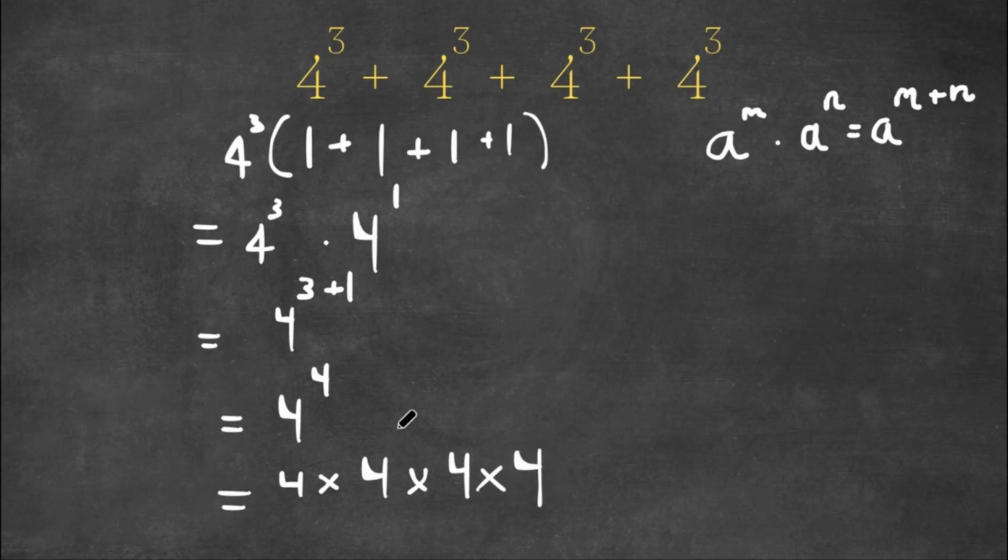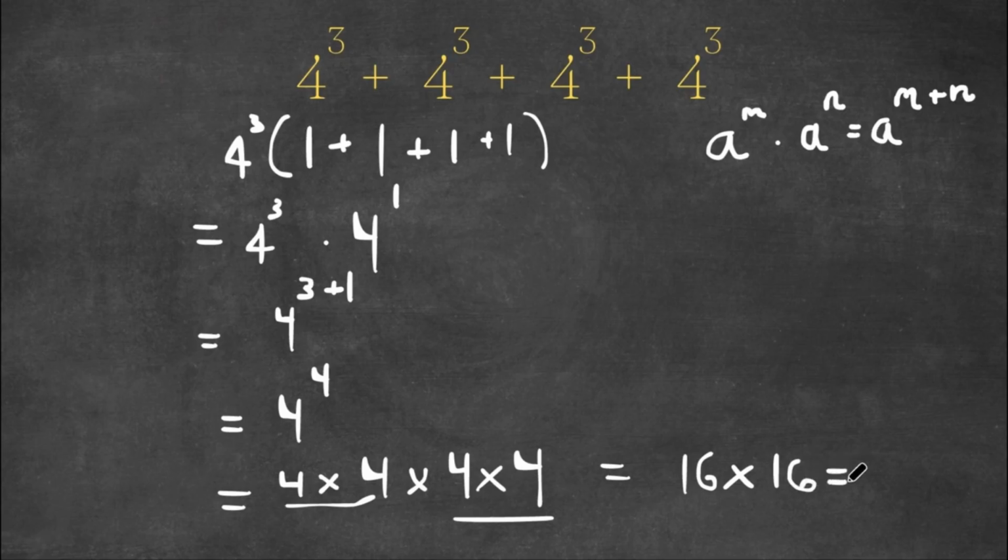So it's 4 times itself 4 times. Now 4 times 4 is 16. So this would equal, we have 16 here and 16 here. So 16 times 16, which is equal to 256. So this is our answer.